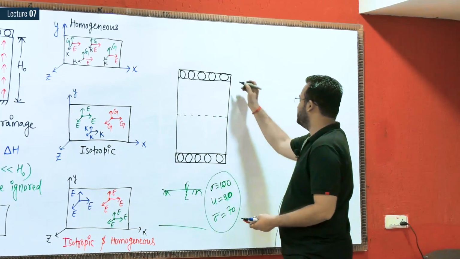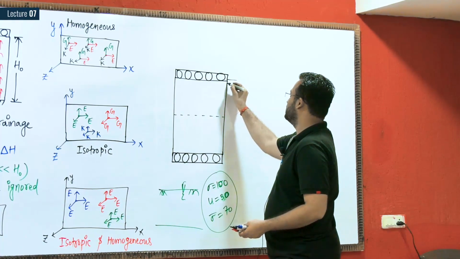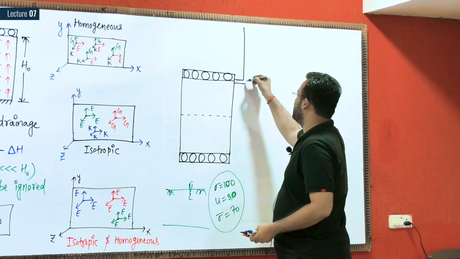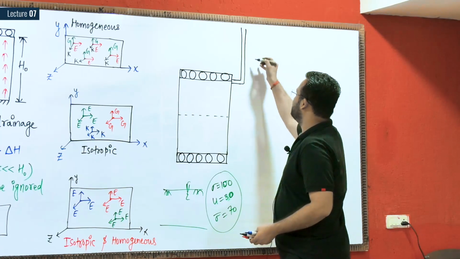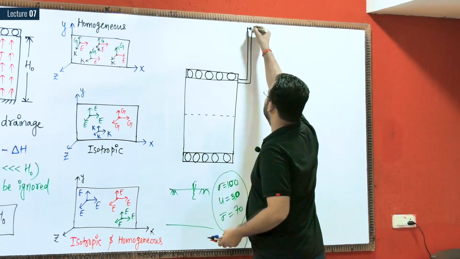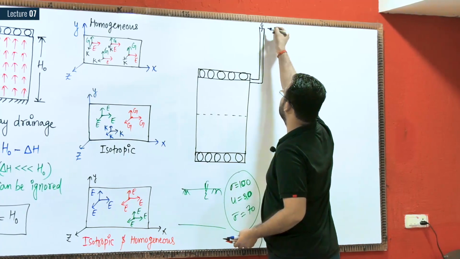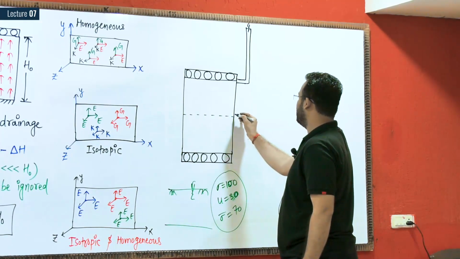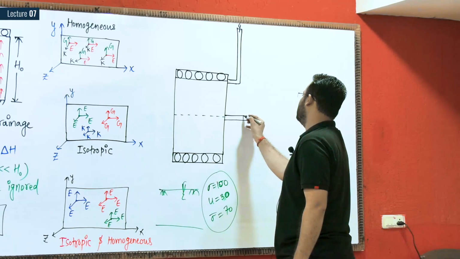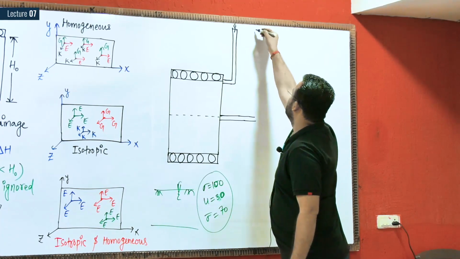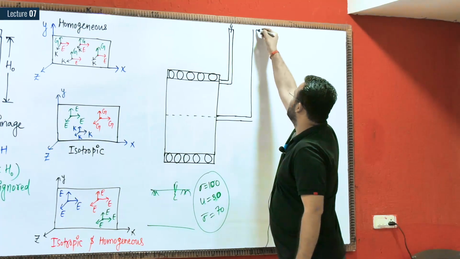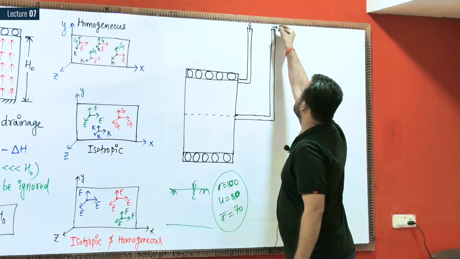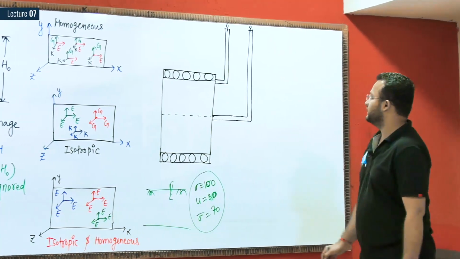If I insert one piezometer somewhere here, what will happen? Water will rise in the piezometer up to this level. Now if I insert the piezometer somewhere here, again the water will rise up to this height, and pore water pressure can be measured.